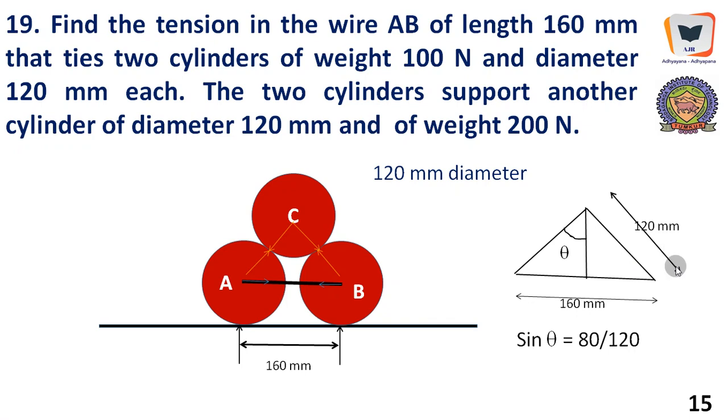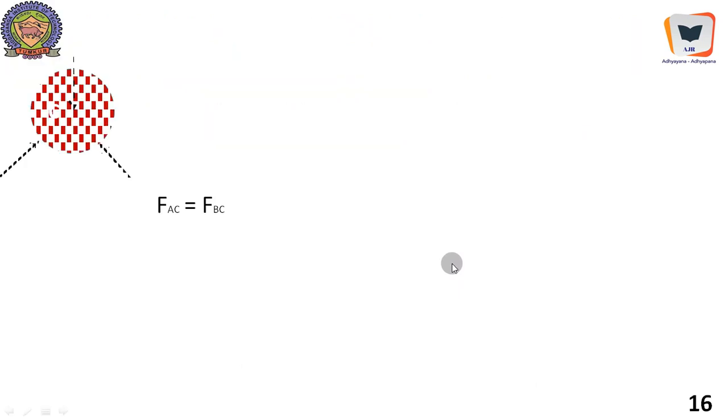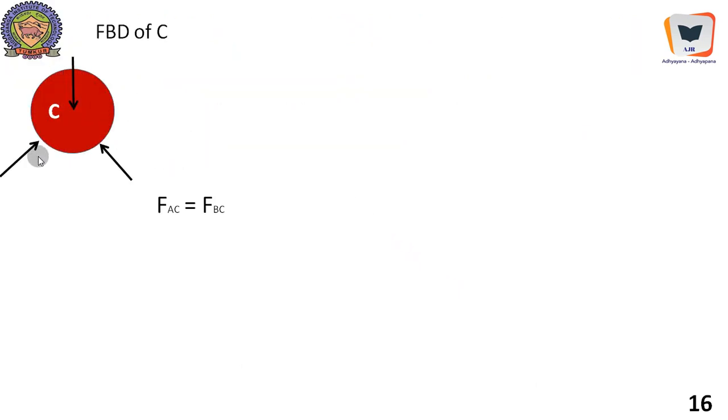Therefore, this is 120 millimeter, 160 millimeter. Therefore sin theta over here is opposite, that is 80, by hypotenuse, 120. Therefore theta becomes 41.75. Therefore this total angle is 41.75 into 2. So we will take up the top sphere, FBD of C, that is the top sphere.